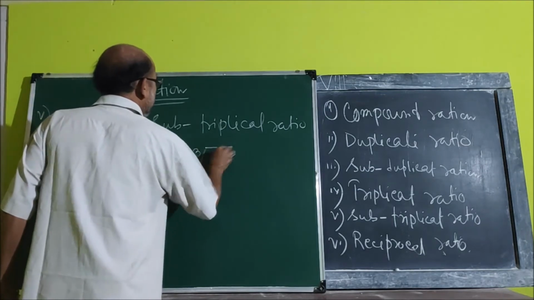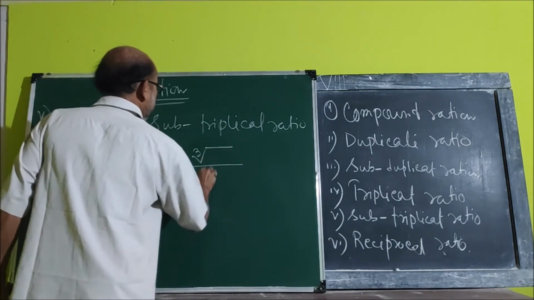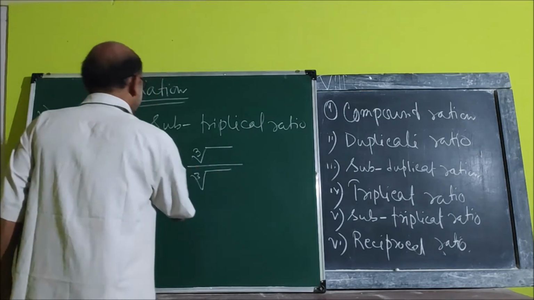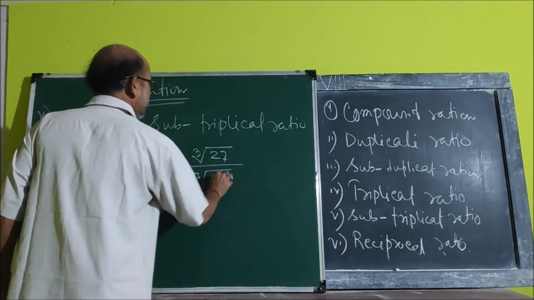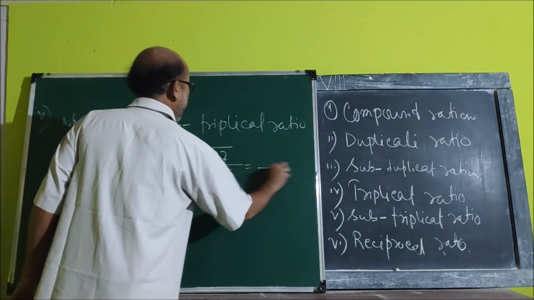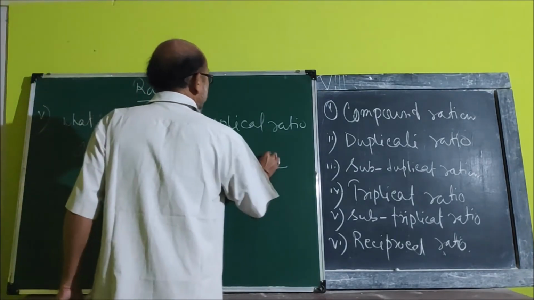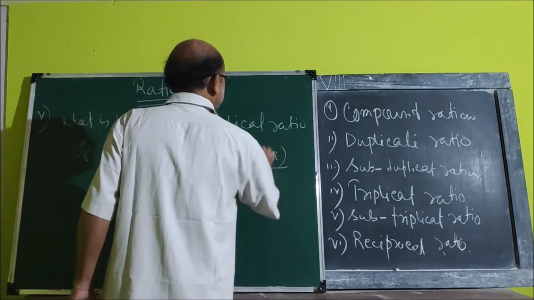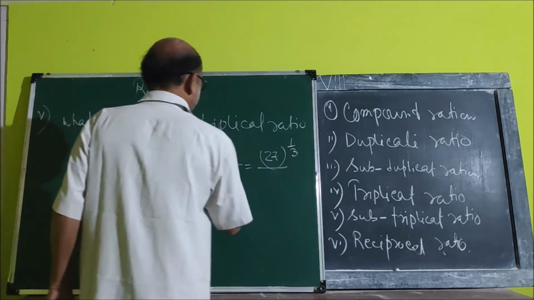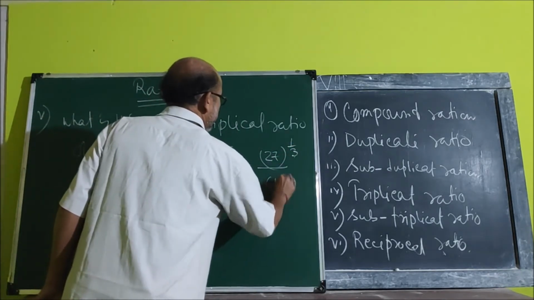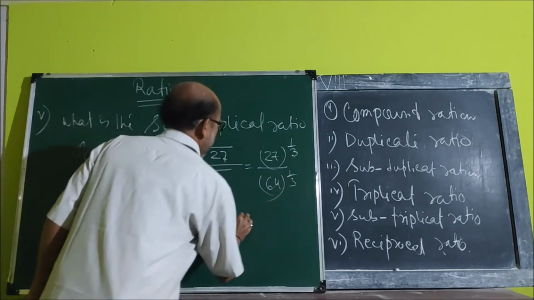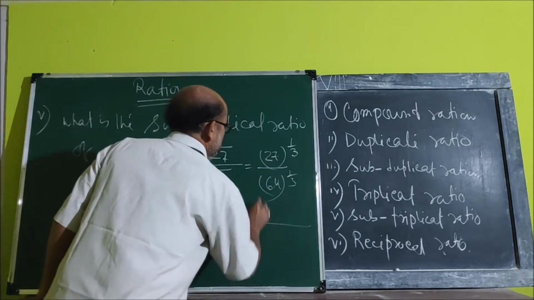That is cube root 27 and cube root 64. Cube root of 27 means 27 to the power 1/3, and 64 to the power 1/3.